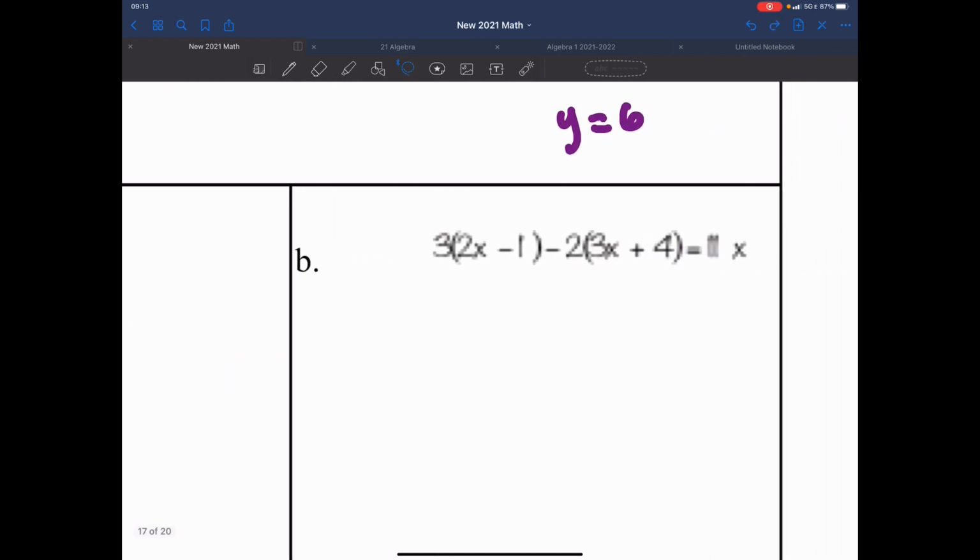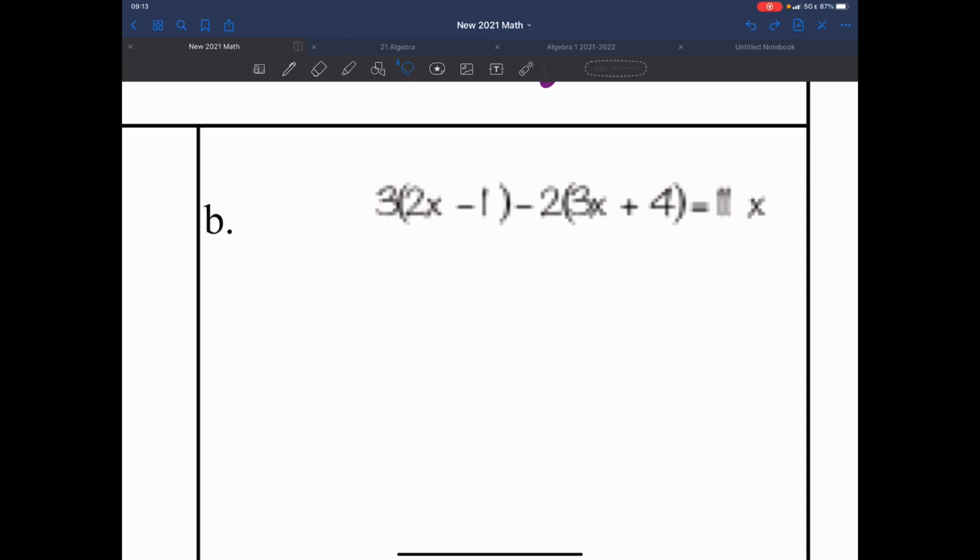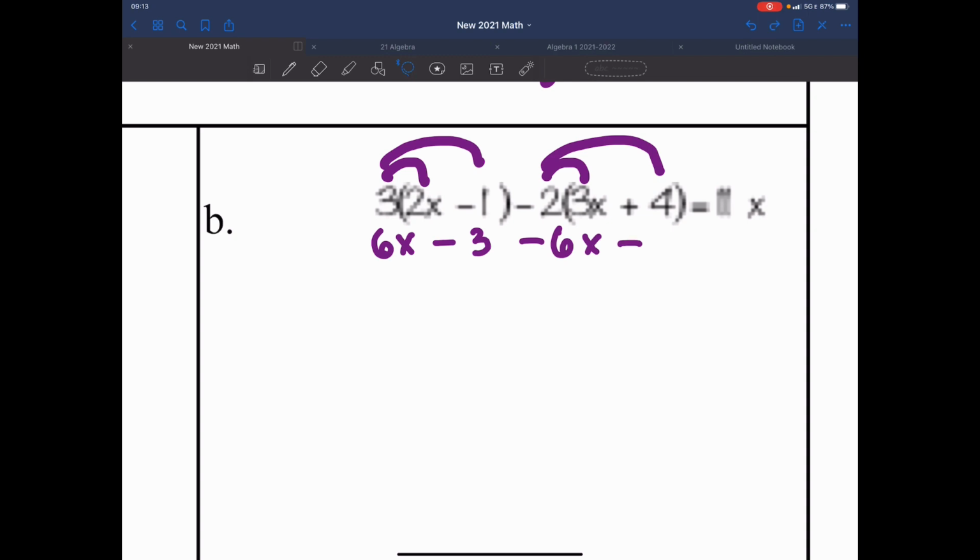For my next equation, I have 3 times 2x minus 1 minus 2 times 3x plus 4 equals 11x. We're going to distribute the 3 into the first set and then negative 2 into the second set. So I get 6x minus 3 minus 6x minus 8 equals 11x.